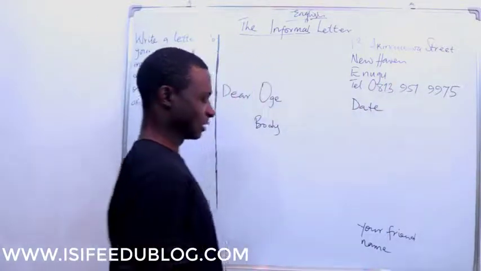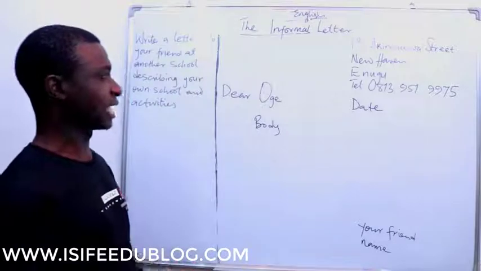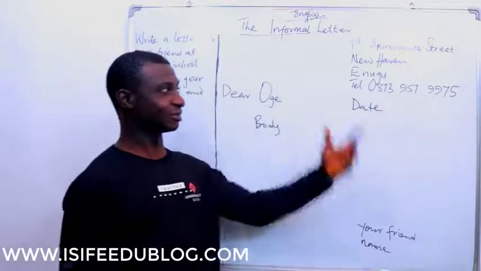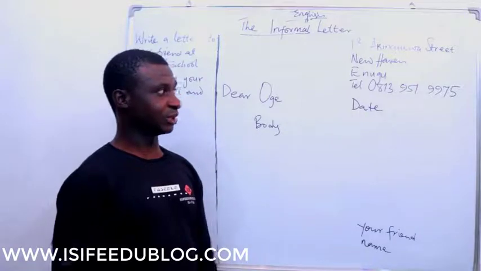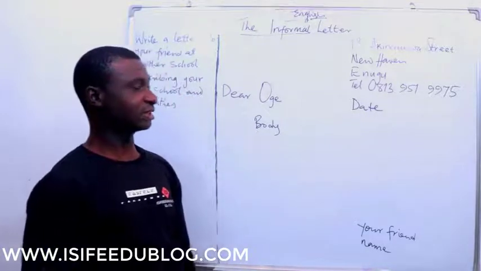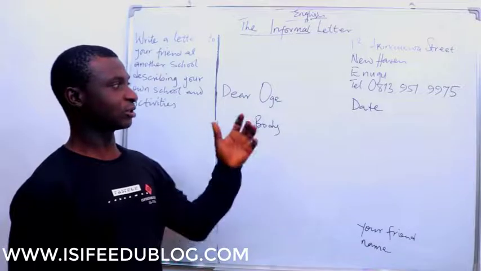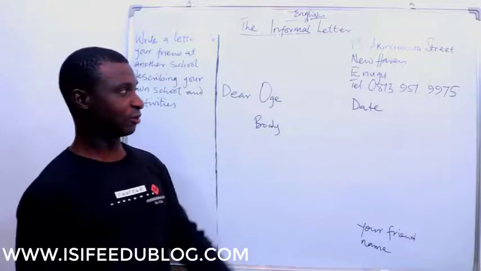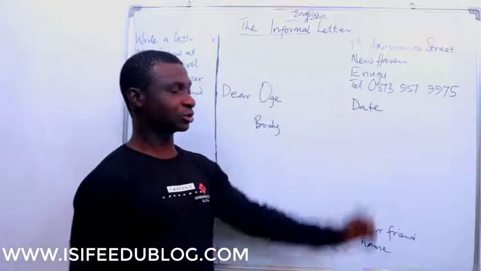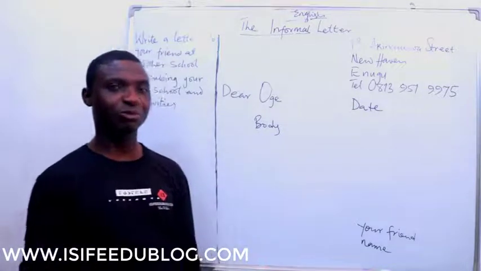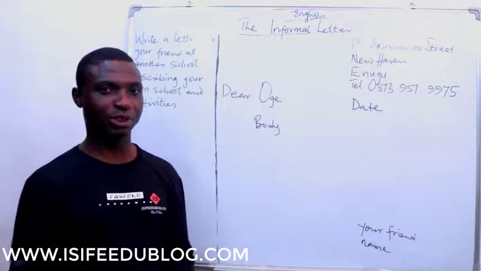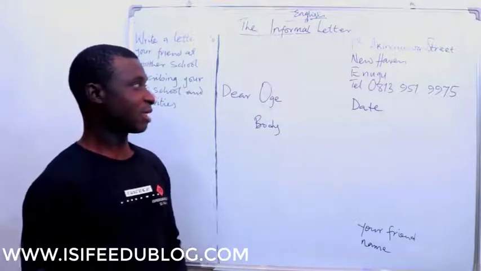When we were working on the formal letter, I talked about the inclusion of the telephone number. I've written it here boldly because, like I said, we are aware that not too many people know of the inclusion of the telephone number, but we have to start including it so that gradually people will get to know.